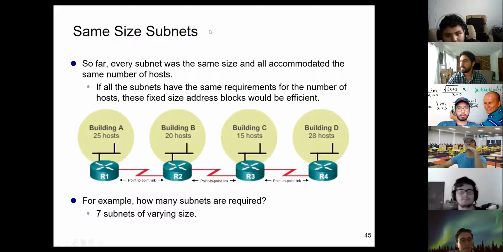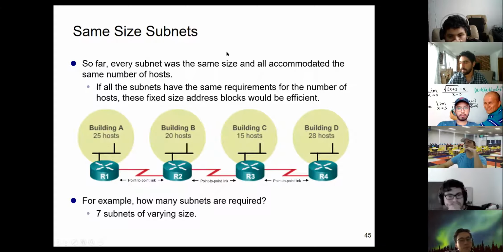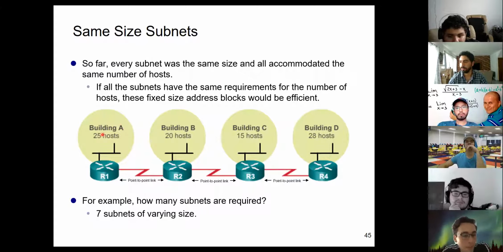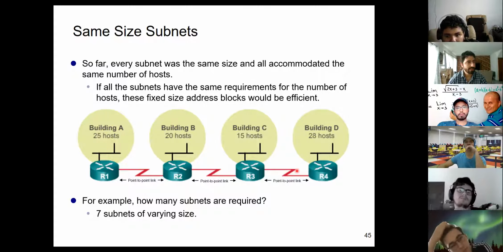That's what we talked about before, same size of subnet. For example, one subnet here, one subnet here. Let's say I give this to you, then you would say, I don't know, you want to have 8 subnets because for this WAN connection you also need a subnet.